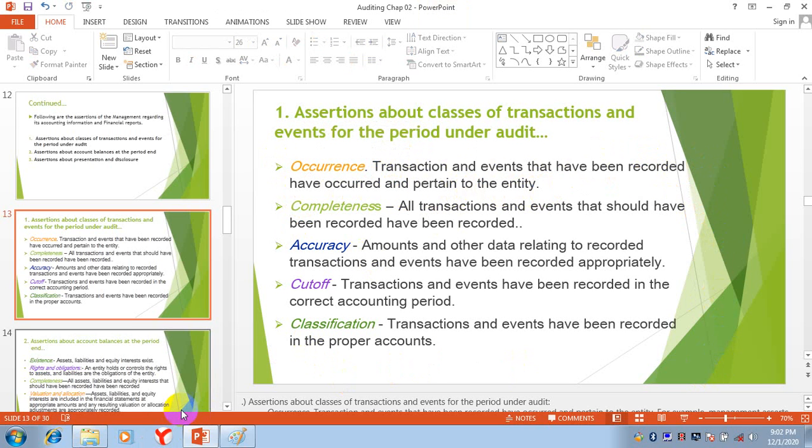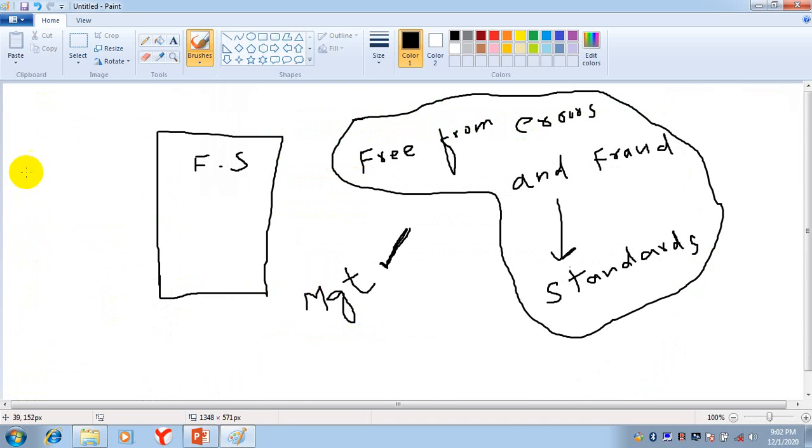Now suppose there is a transaction. Land, debit, and cash, credit. I am just giving you one example about the classes of transactions. Suppose this is a transaction. They are claiming that we recorded this transaction because we have evidence of this thing.